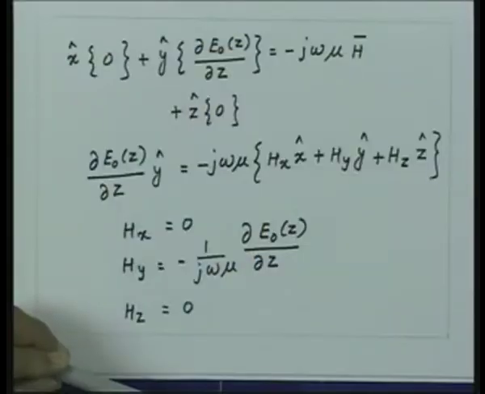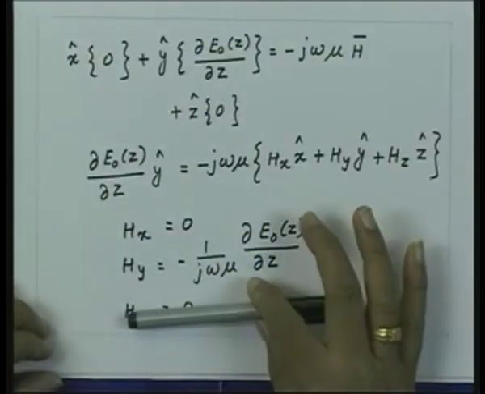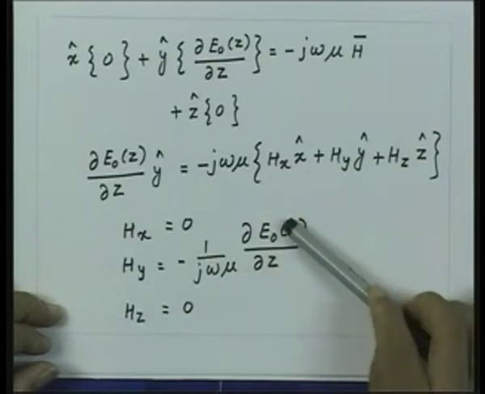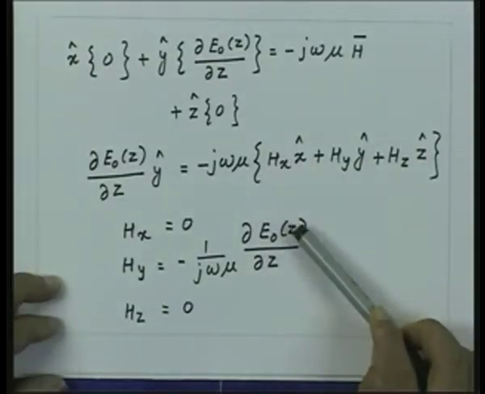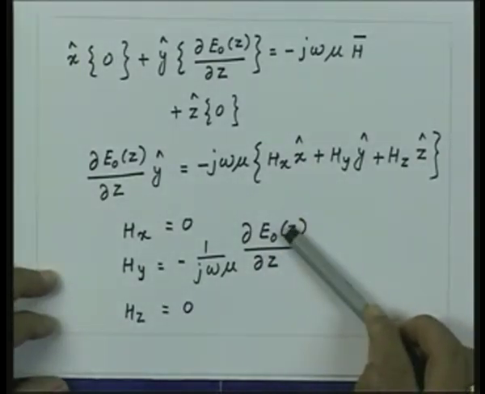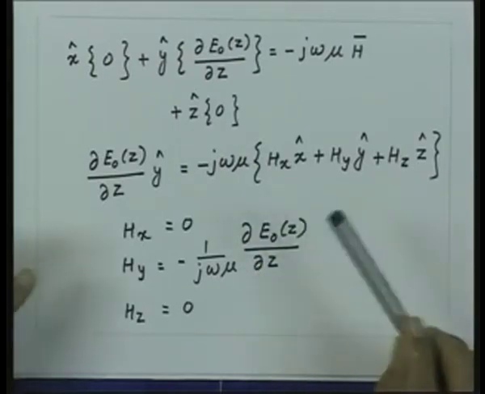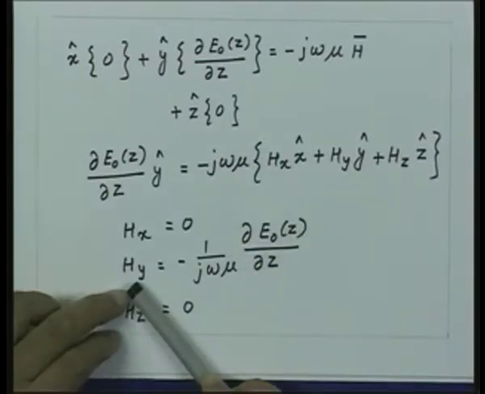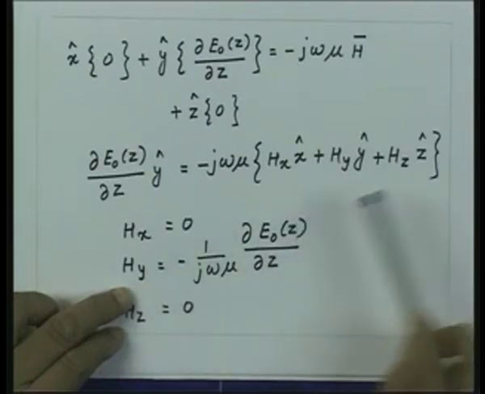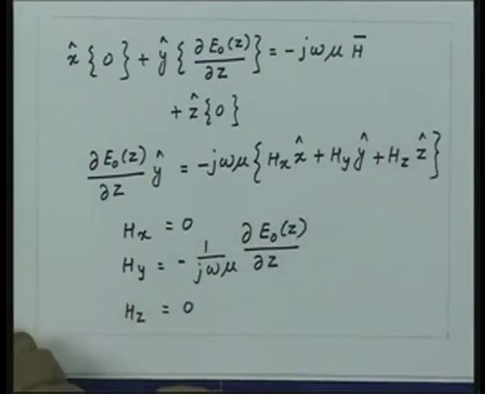In this particular case, however, we find that for the electric field which is oriented in x direction and has a variation in the z direction, that means constancy in the xy plane, has a corresponding magnetic field. And since E0 is a function of z, it is not constant as a function of z, this quantity is a finite quantity. So, we have now the magnetic field associated with the electric field which is x oriented.